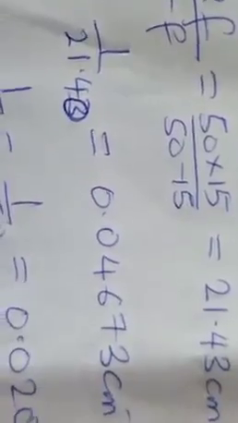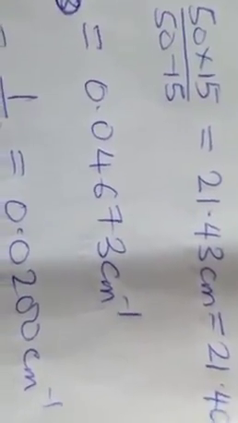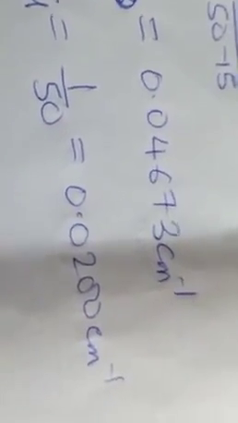So go on to find our U inverse and V inverse. Our V inverse is 1 over 21.40, and that gives us 0.0467 per cm. Our U inverse, 1 over U, is 1 over 50, since U is 50, and that gives us 0.020 per centimeter. So let's report our work.